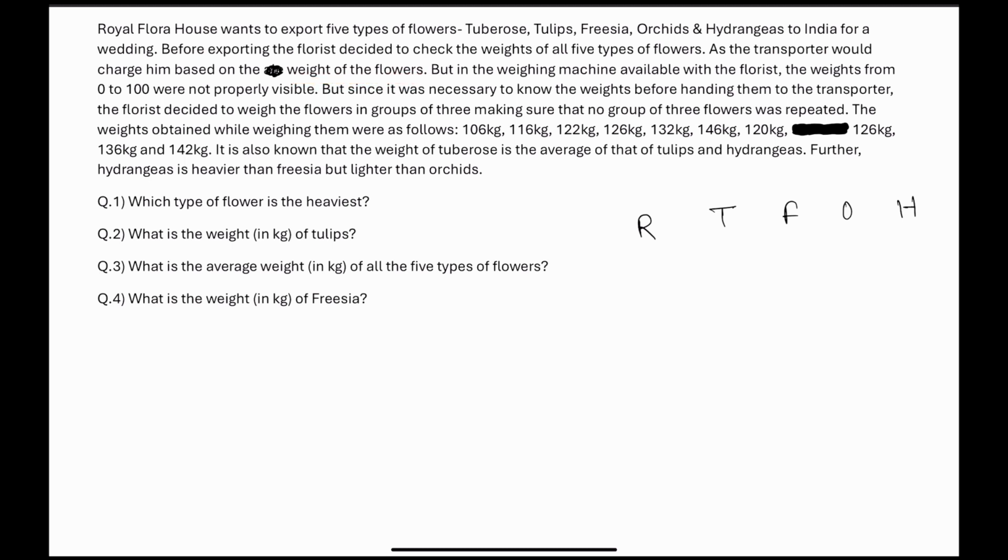Seems genuine. But in the weighing machine available with the florist, the weights from 0 to 100 were not properly visible.